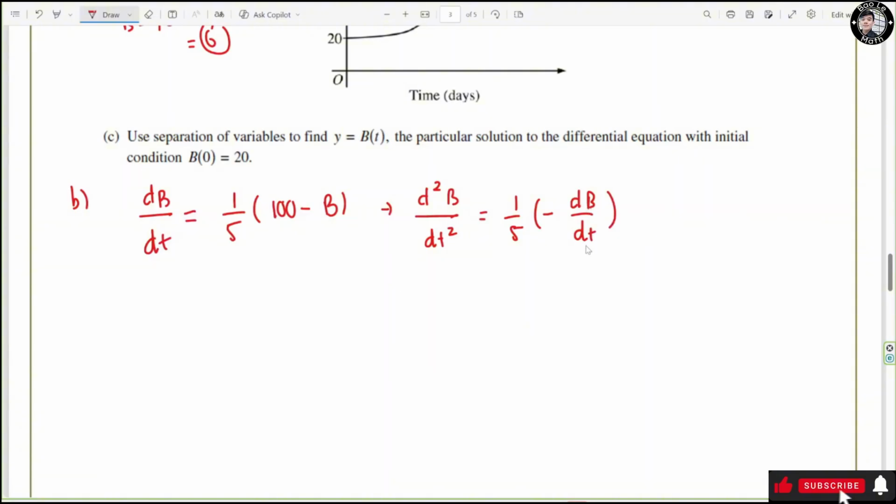But dB over dt equals this one, so it's going to be negative 1 over 5 times 1 over 5 times 100 minus B. Now we're going to simplify this one. It's going to be negative 1 over 25 times 100 minus B.